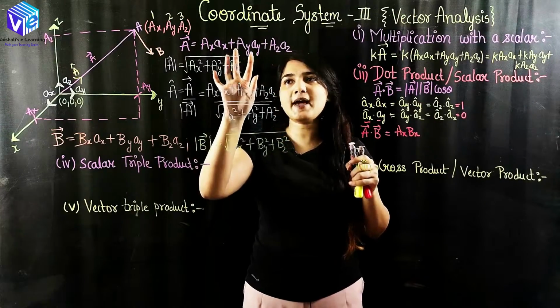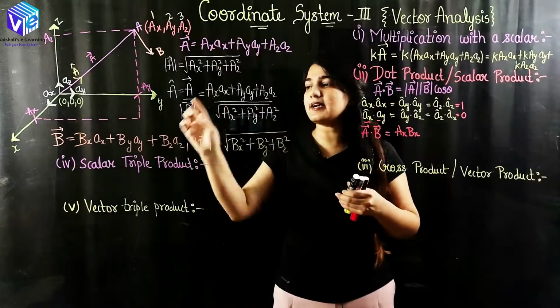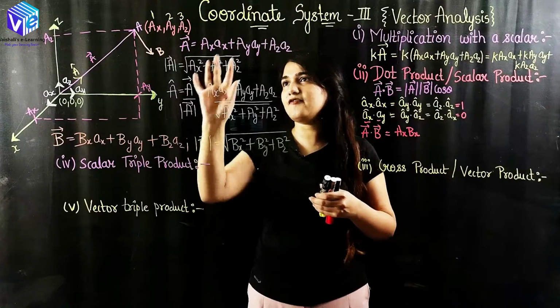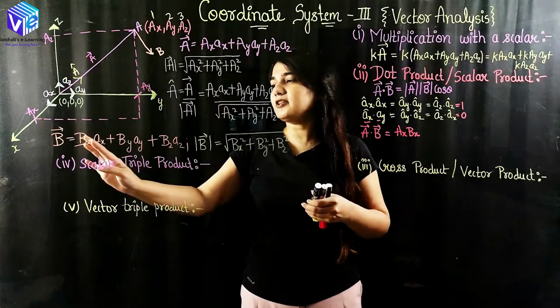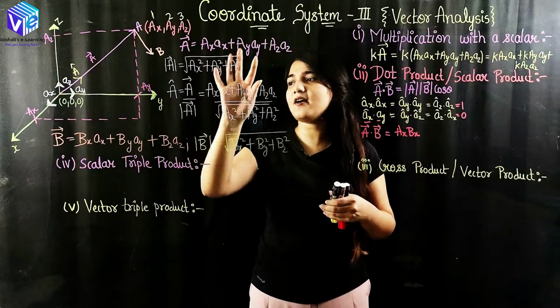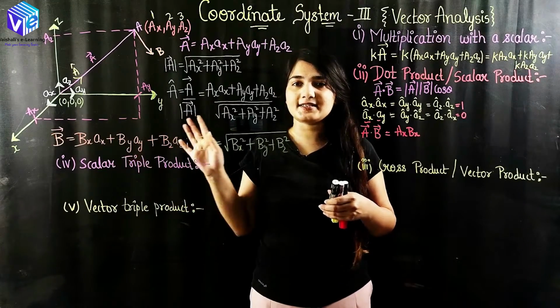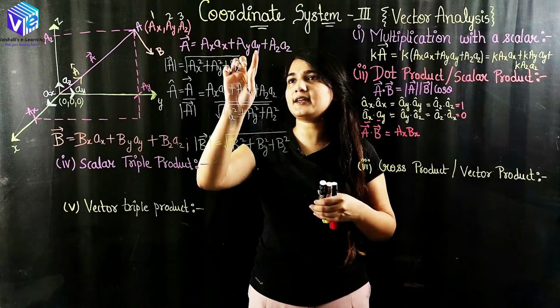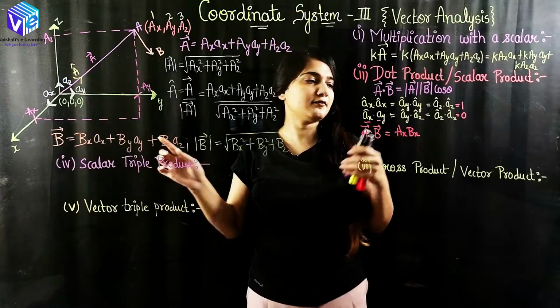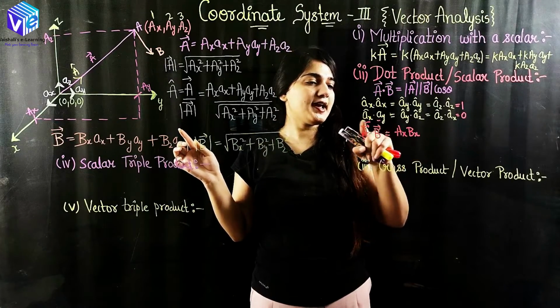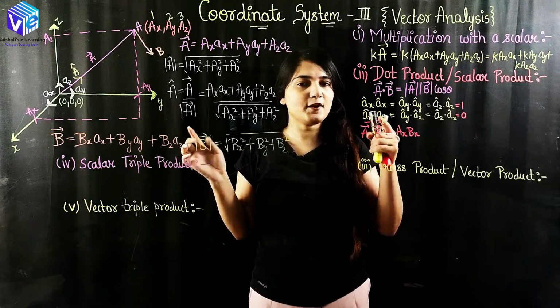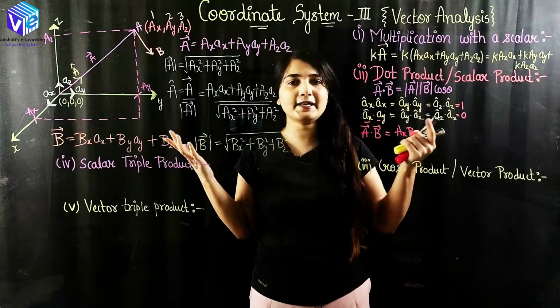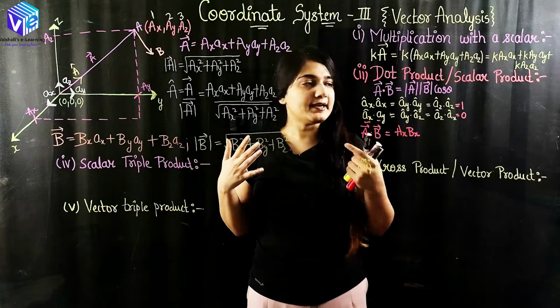In a similar manner I can say ay is multiplied with by only. If I multiply ay with bx, what will happen? I have ay dot ax. This unit vector ay is having the dot product with ax, ay dot ax. From here also you can see the cos of 90 will be there and I will get 0.